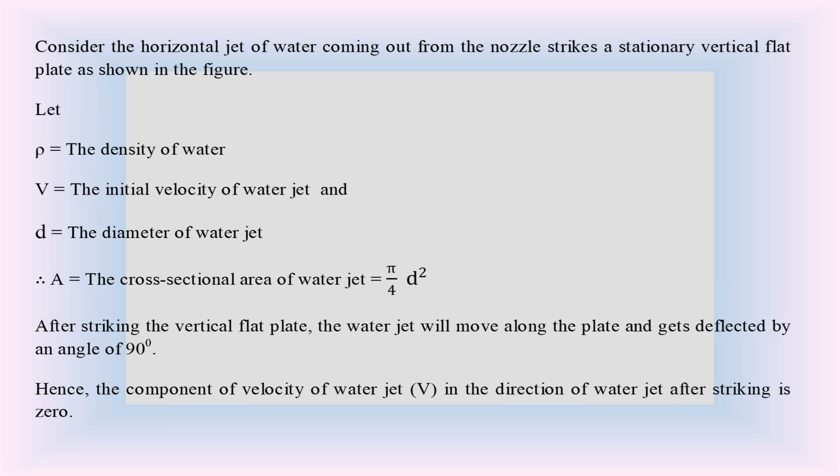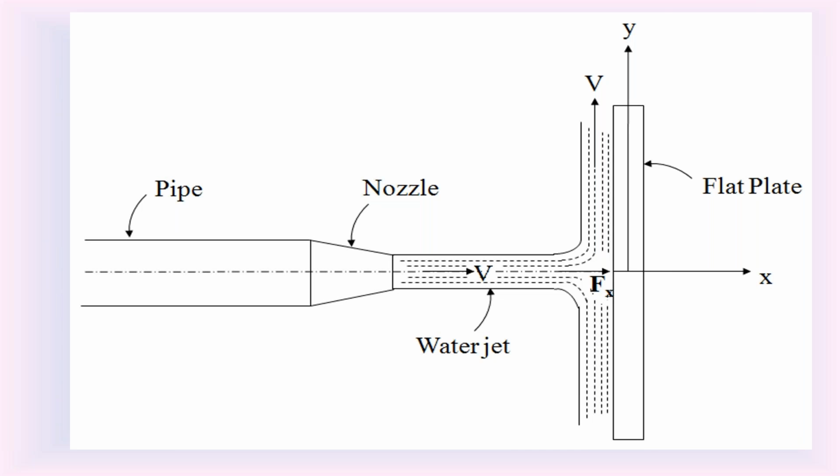Check the velocities in the diagram: initial velocity v is horizontal, final velocity v is vertical. Since the final velocity is vertical and force Fx is horizontal, consider the component of the final velocity in the horizontal direction.